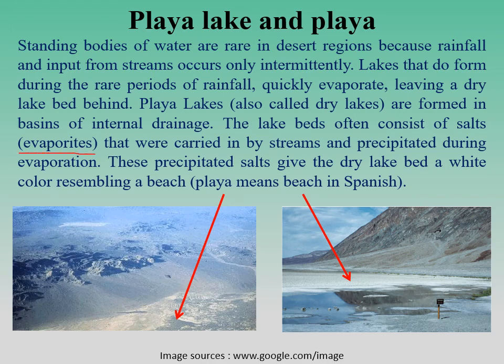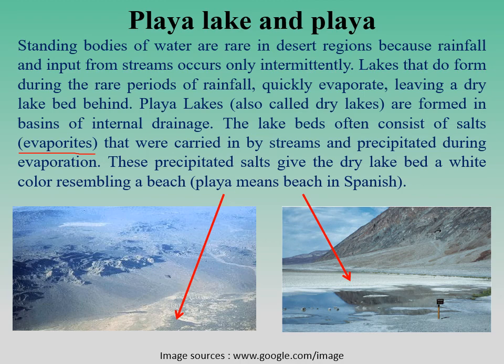Now, when this white color deposition occurs in the flatland areas, they often look very similar to modern day beaches, that is the coastal areas. And in Spanish, playa means beach.